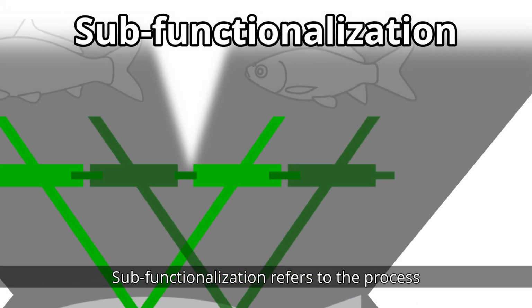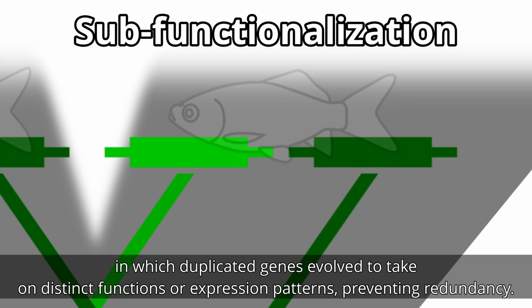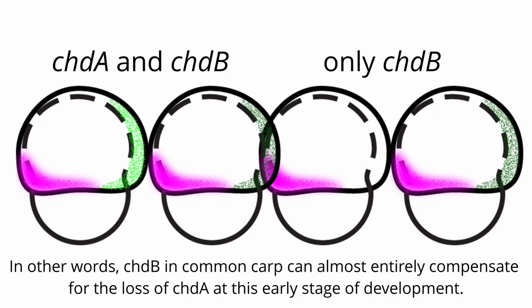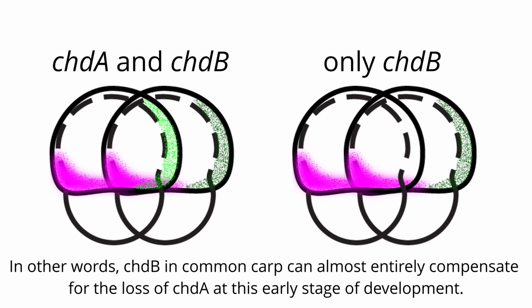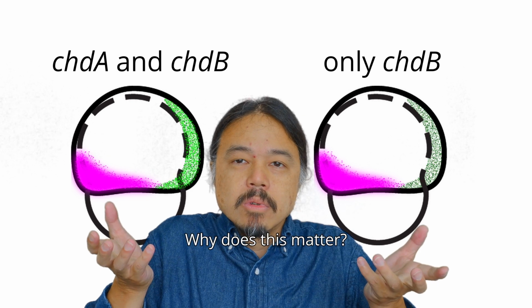Subfunctionalization refers to the process in which duplicated genes evolved to take on distinct functions or expression patterns, preventing redundancy. In other words, coding B in common carp can almost entirely compensate for the loss of coding A at this early stage of development. Why does this matter?